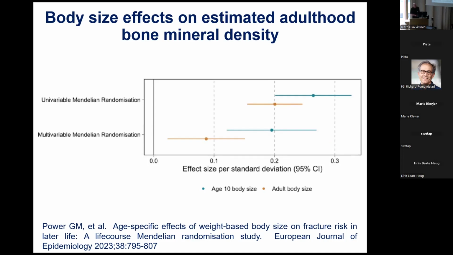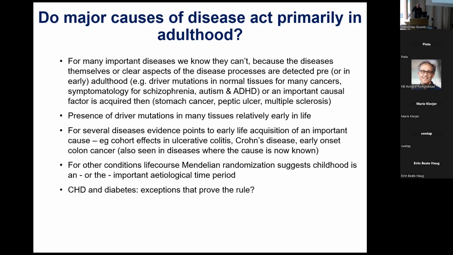And the mediator in this case, again really interesting to me, is bone mineral density in your mid-50s, which is influenced strongly by body size at age 10, i.e. a higher BMI at age 10 is related to higher bone mineral density at age 55, and the adult body size BMI effect is much smaller.